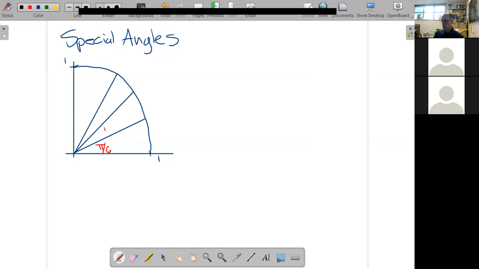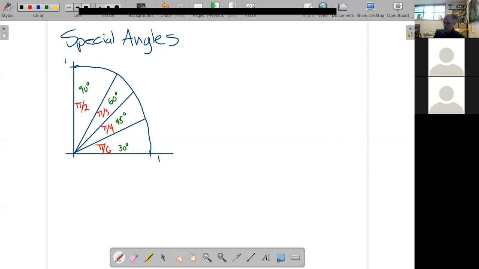Pi over 4 is this next one. And then this one right here would be pi over 3. And then we know this way up here would be pi over 2. And these are related to 30 degrees, 45 degrees, and 60 degrees, and then 90 degrees.